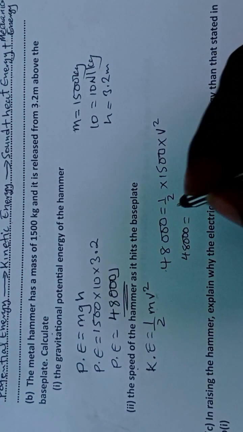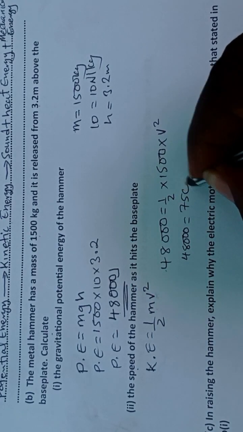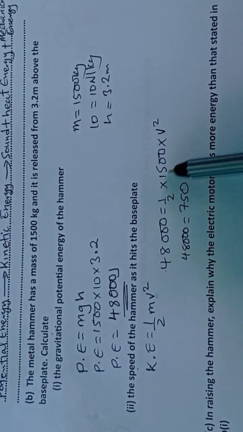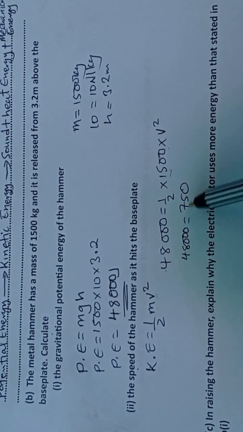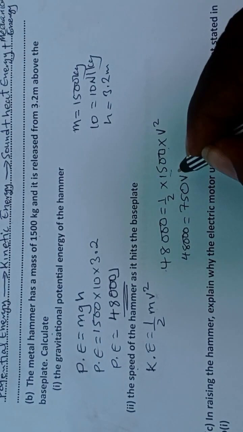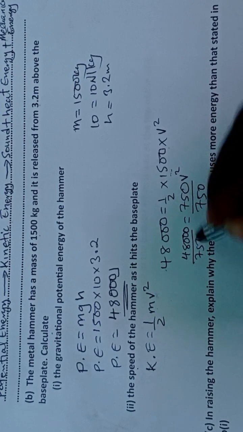The half of 1,500 is 750. So now v squared, divide by 750 over 750.